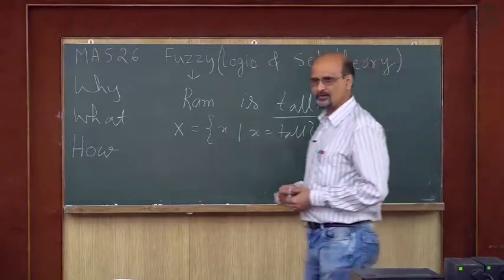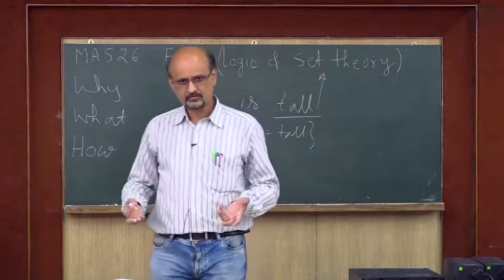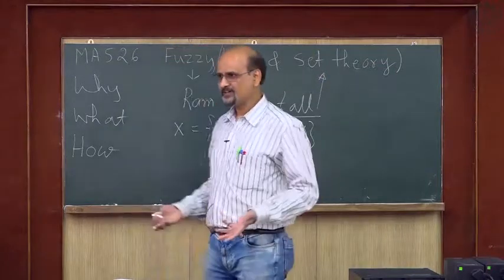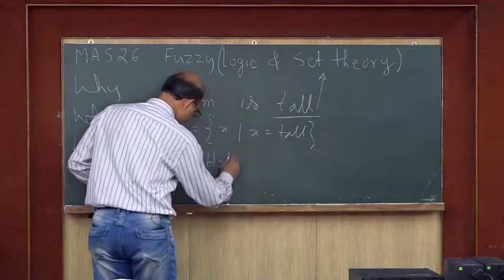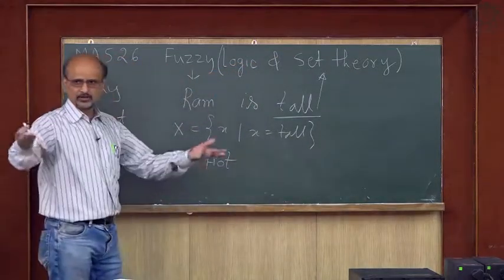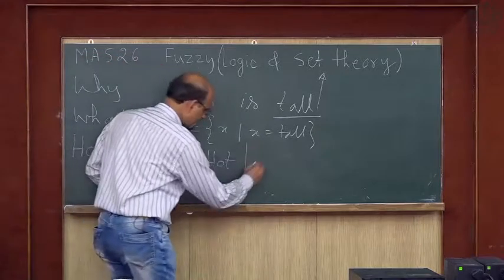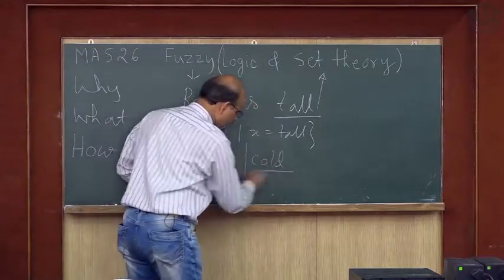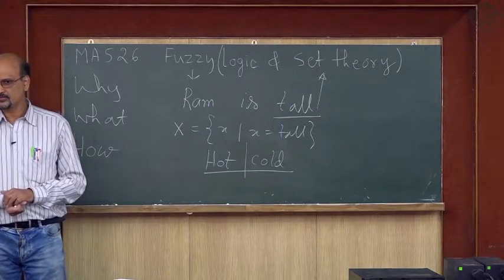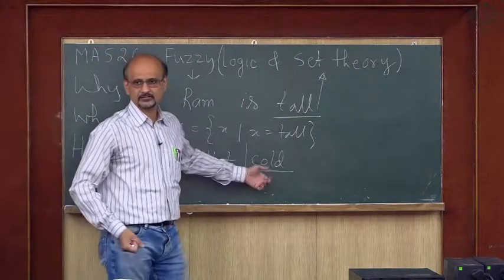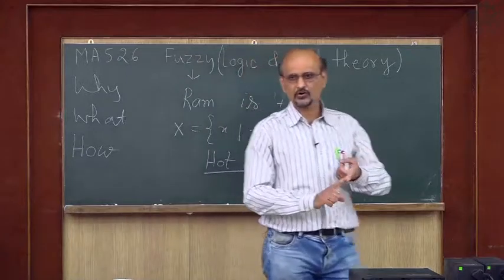Suppose I ask what the weather is today. One may say this is hot. Somebody having a fever or something will say it is cold. Do you have any other answer? You do not have till now any other answer. You have either hot or cold.